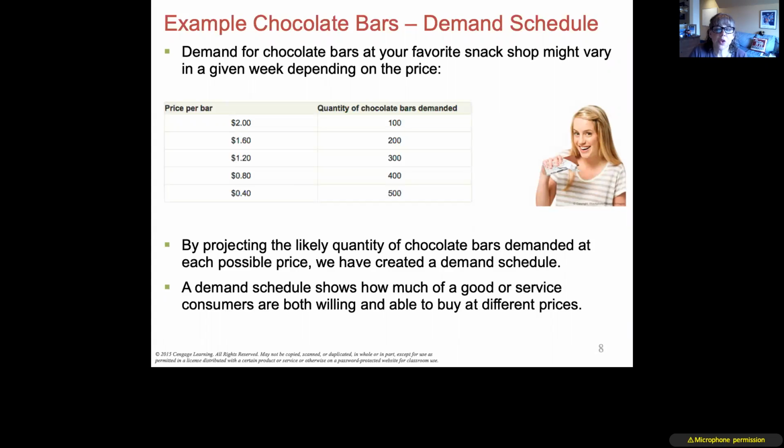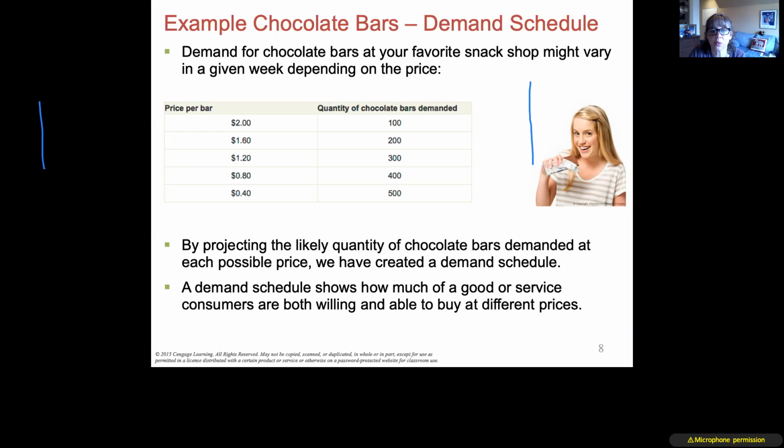So, if you were to look at the entire economy as a whole for a particular snack shop, let's say, and you were to take all the customers who walk into the snack shop and interview each one of them, or look at their demand across each one of the prices that we just looked at, you would start to see that as the price went up from the low of 40 to the high of 500, what happened to the quantity demanded?